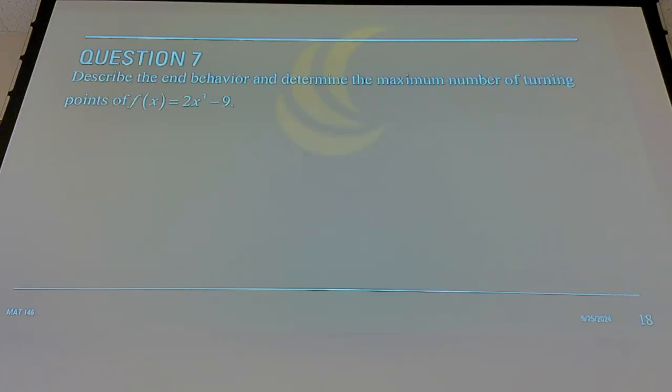So we want to describe the end behavior and determine the maximum number of turning points. So in order to determine end behavior, I have to reset my pen.